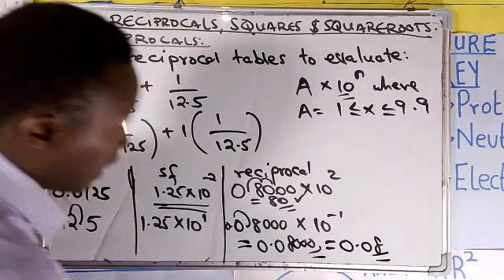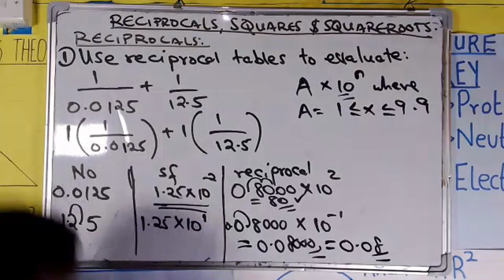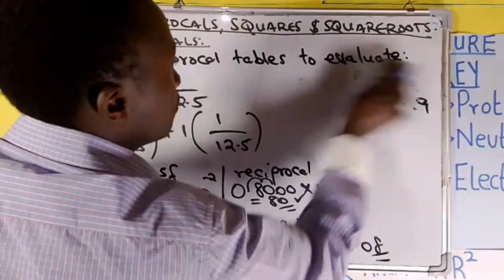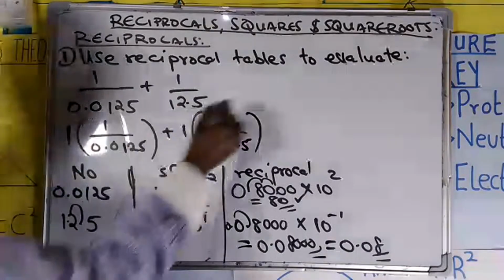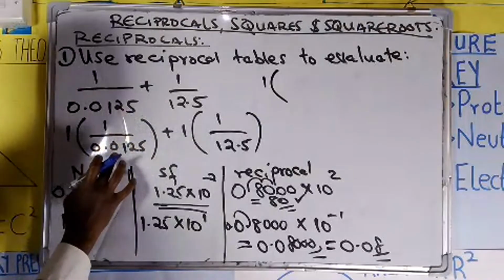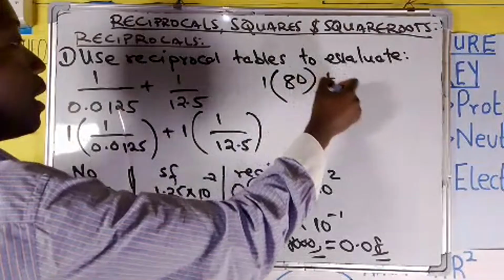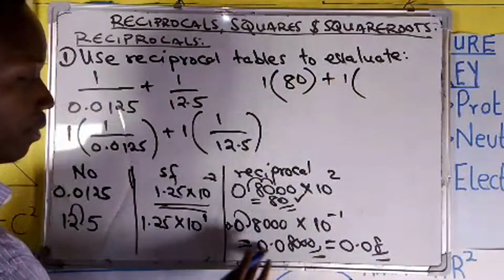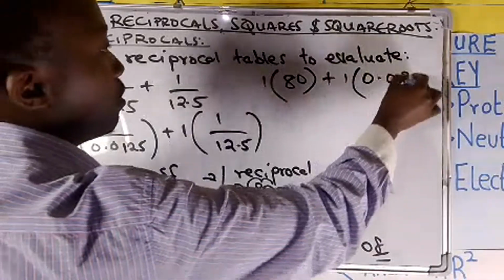After getting that, we can now proceed to 1 multiplied by the reciprocal. The reciprocal of 0.0125, we got it as 80, plus 1 times the reciprocal of 12.5, which was 0.08.